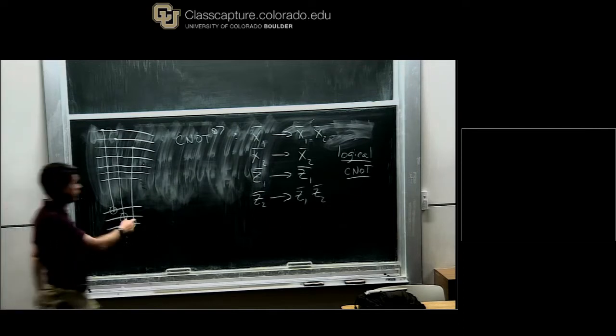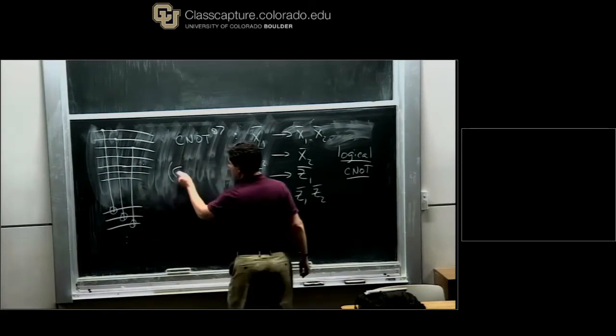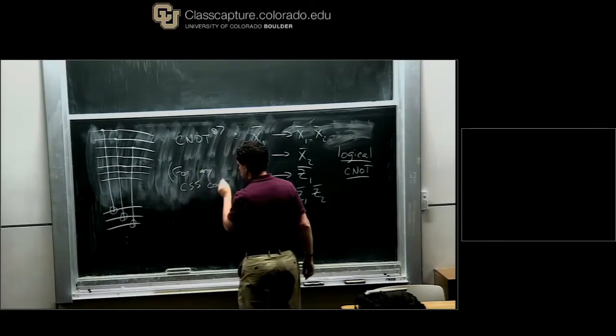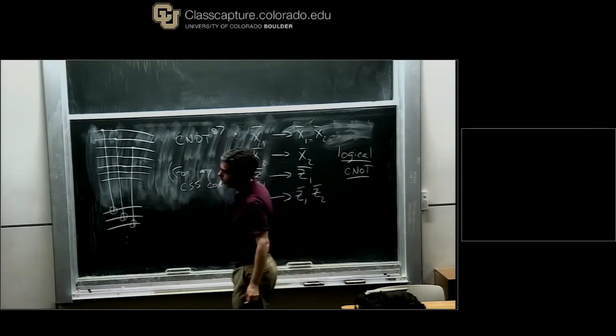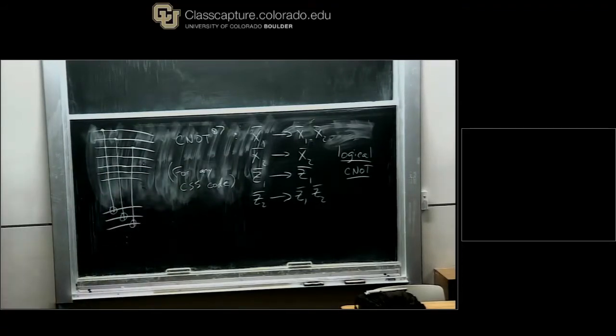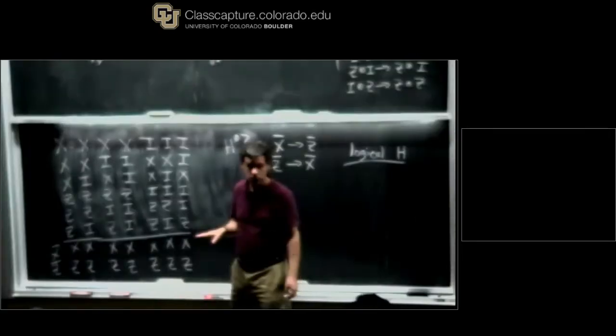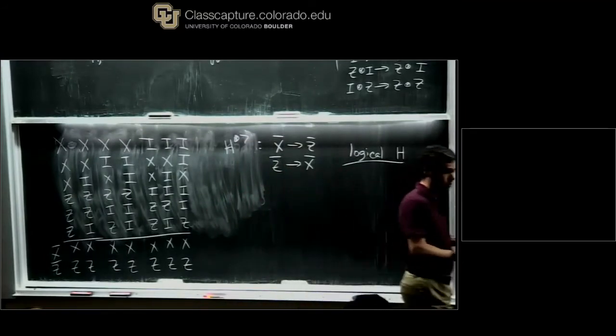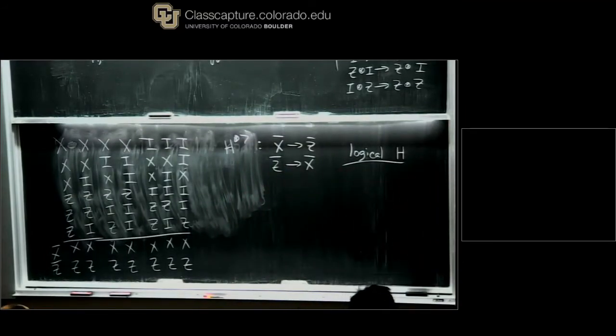So this is true for any CSS code. The other thing I mentioned did use special properties of the 7-qubit code. In particular, it used the fact that the top code C1 was the same as the bottom code C2. For a general CSS code, that doesn't have to be true. Okay?